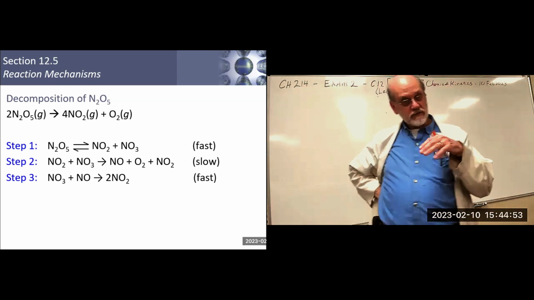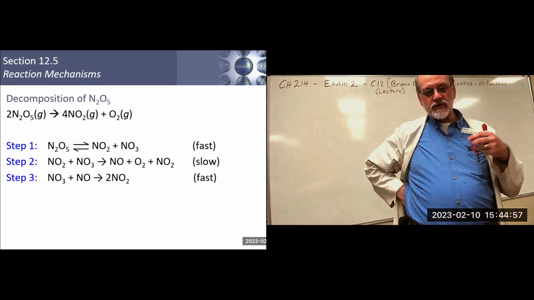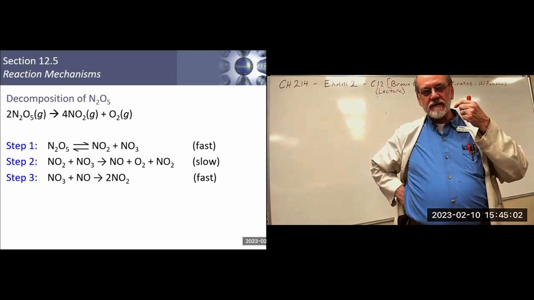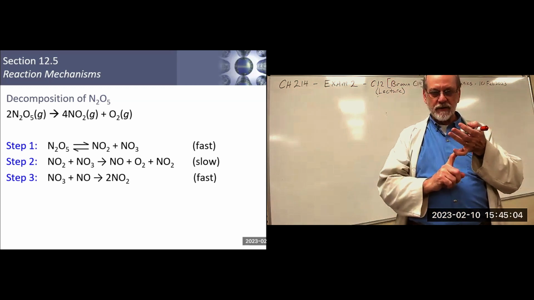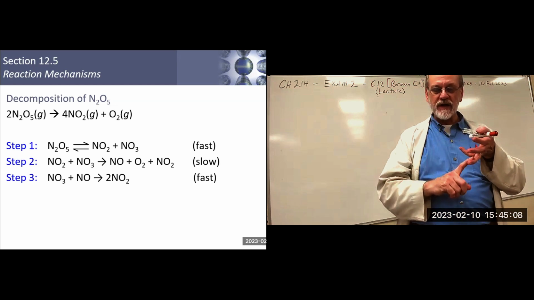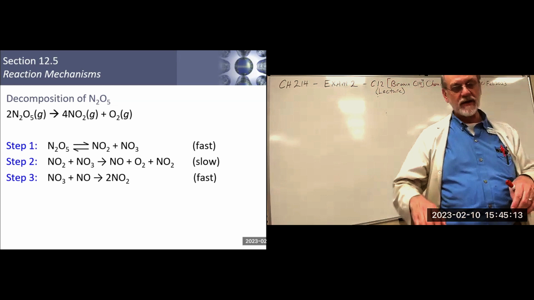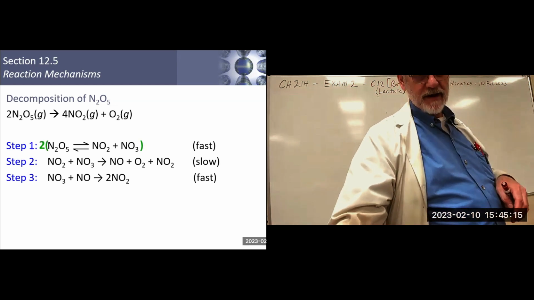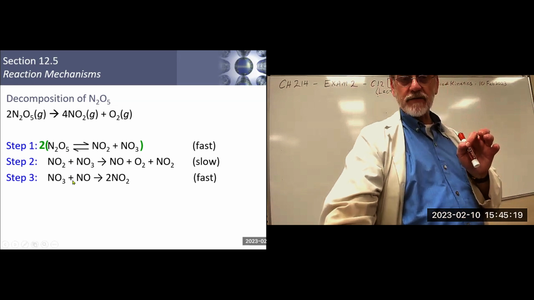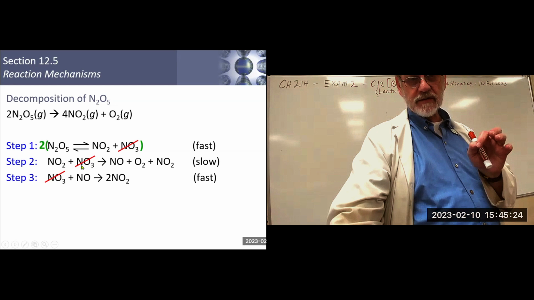I mean, we have to do it correctly and multiply the equations through by some factor in order to get the correct coefficients for our reactants and products, and also cancel out those intermediates that should not be there in the final equation. So that's what we're doing with this one. That one's multiplied by 2 to give us two N2O5s. And that cancels two NO3s. Let's see.